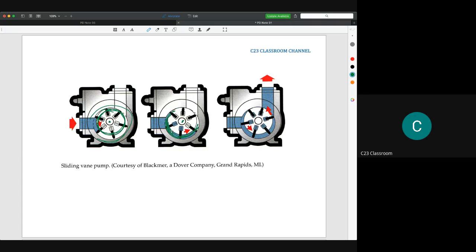You could see that it has vanes here. These vanes are fitted with a spring, which means the vane can go forward and backward.